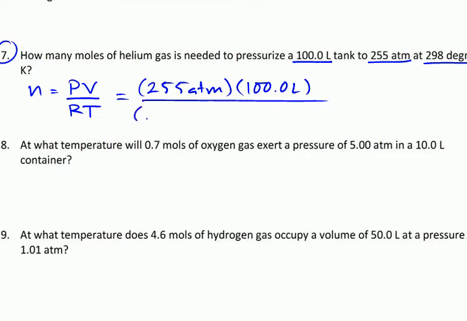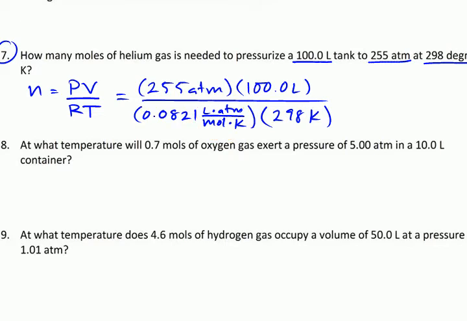It's always going to be the same number, 0.0821 liters times atmospheres over mole K. And our temperature, 298 degrees Kelvin. Notice all my units are in agreement with the units of R. They're all in liters, atmospheres, and Kelvin.